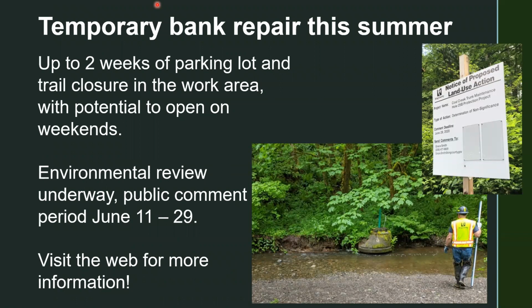In that time we may need to close some or all of the parking lot at the Upper West Trailhead, and we will need to close a portion of the Coal Creek Trail. We're going to install a few small structures just upstream of that maintenance hole, to coax the stream around the structure so that it doesn't continue to erode that bank.